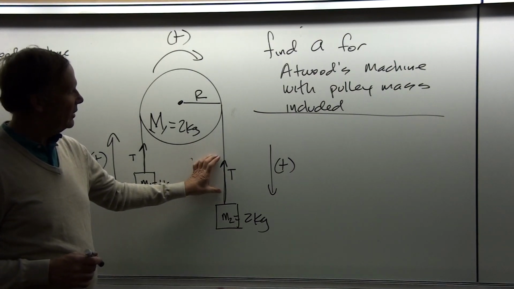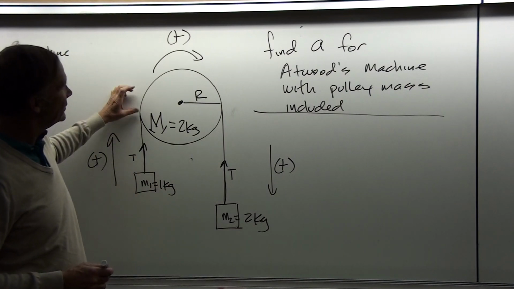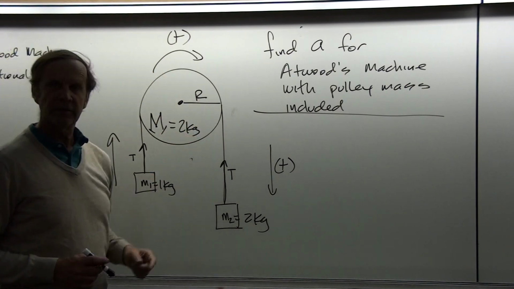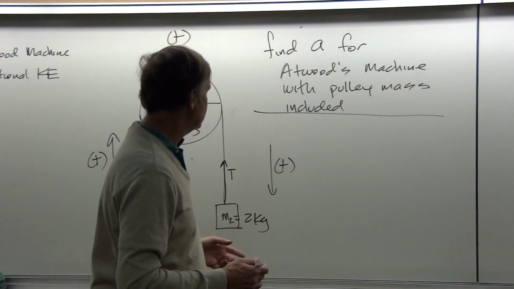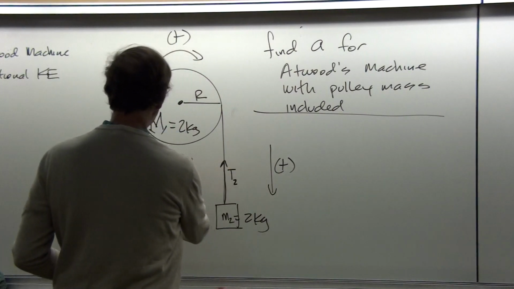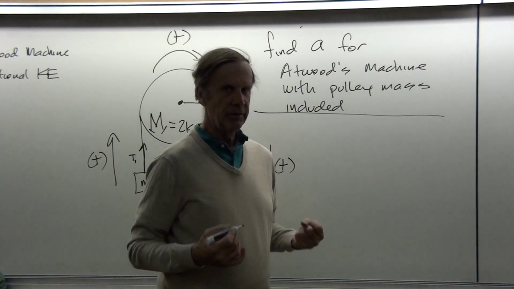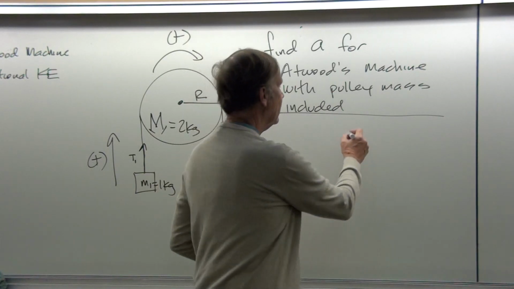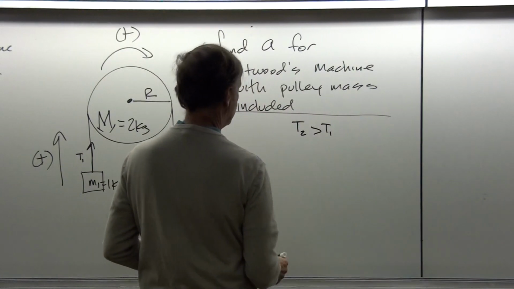And so now, this tension not only has to lift this mass, but it also has to accelerate the pulley. And the pulley has rotational inertia. So that means that this tension, T2, must be greater than this tension, T1. And so therefore, not only are they unknowns, but they're different from each other, in which T2 must be greater than T1. But they're unknowns.